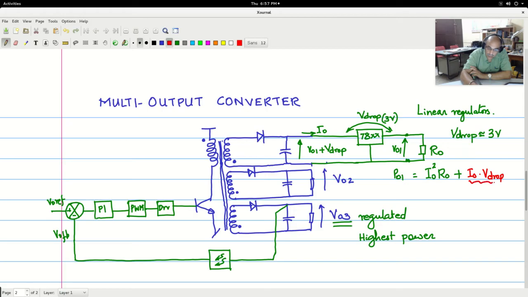Now this is the excess power that the DC-DC converter should be capable of handling to take care of this V drop there.